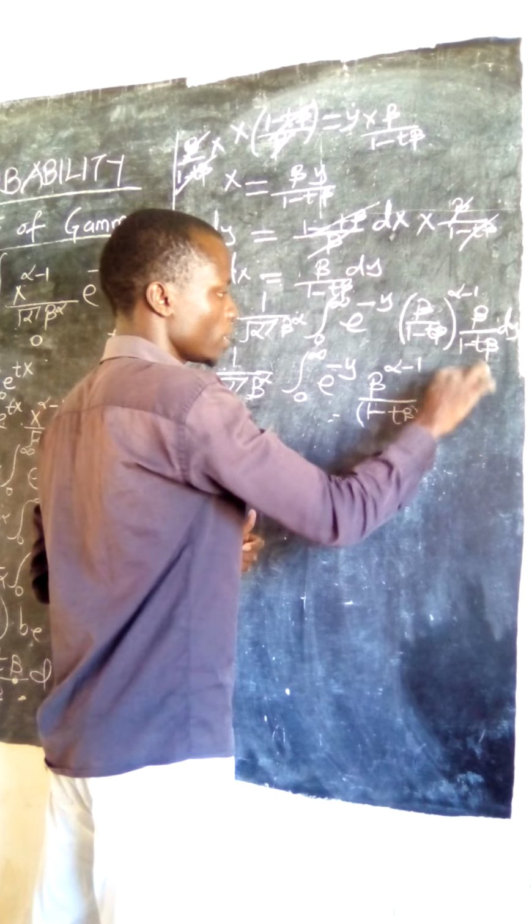Now let us solve this using indices. The law states that when I am having no power on beta, I assume the power is 1. So I'll use the law of indices that states that when the bases are the same and the sign separating the bases is multiplication, I just take one base, that is beta.